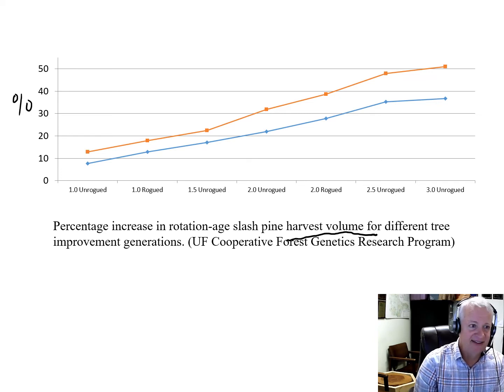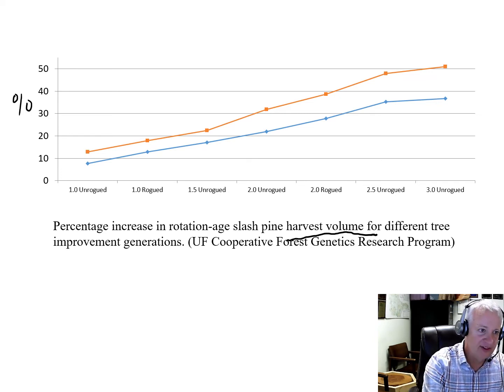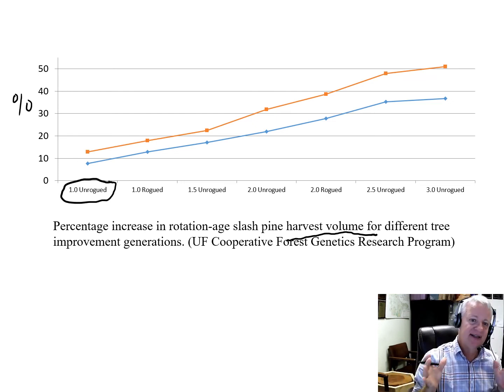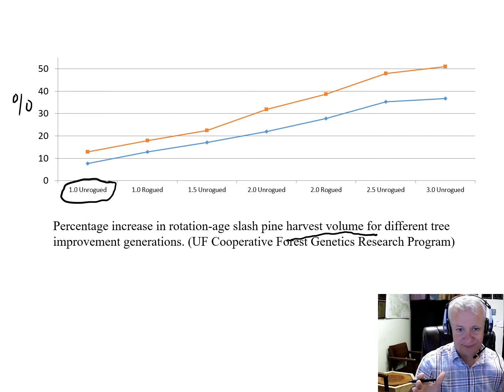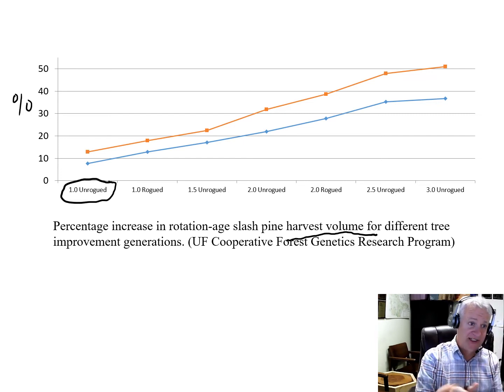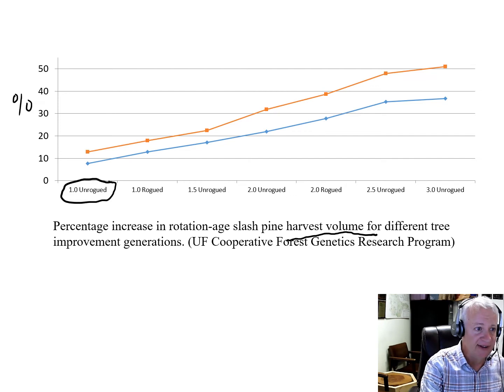And what you can see is that this 1.0 unrogued, that's that first step I told you about, where you've established that seed orchard with phenotypically superior material, but you haven't gone through the testing cycle yet. And what you can see is that there was about a 15% improvement just from those wild selections.